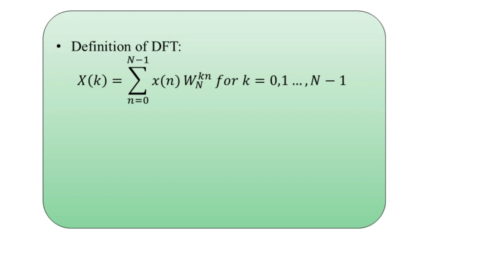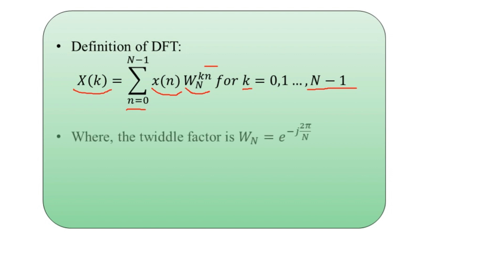We have capital X of k computed as the summation n is equal to 0 to capital N minus 1 over x of n multiplied to W suffix capital N, and to the power we have small k into small n, whereas the small k value holds from 0, 1 up to capital N minus 1 for the N point DFT.